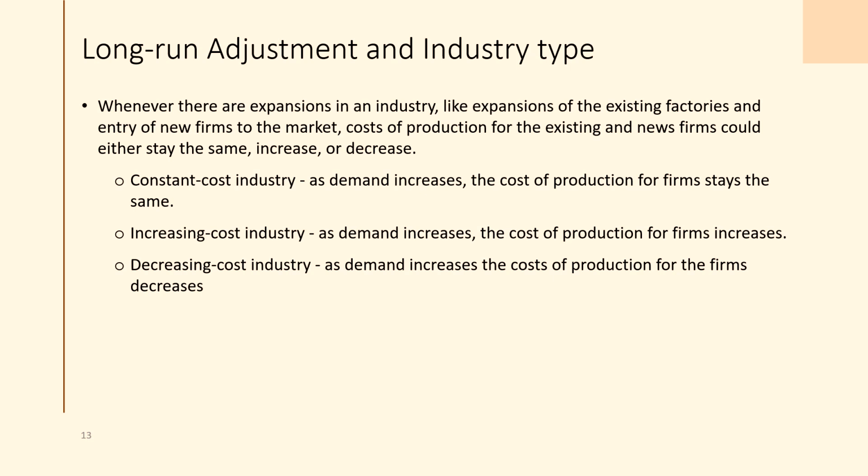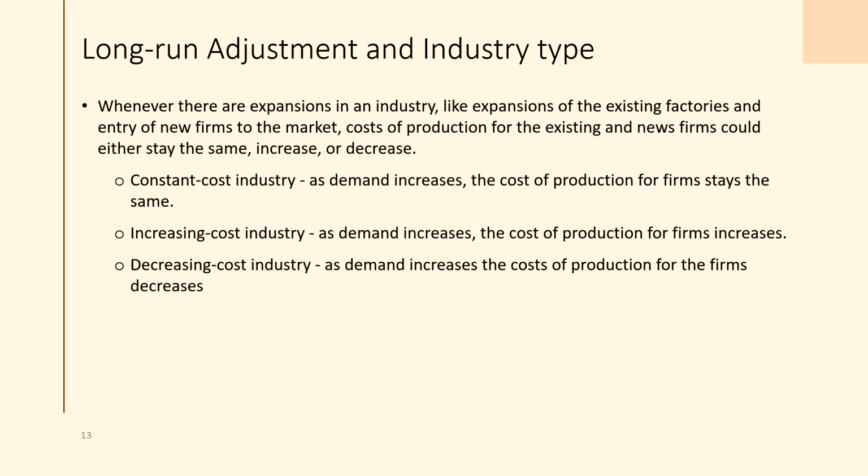As an industry grows, meaning more firms enter or existing firms expand production, the costs faced by firms can behave in different ways. In some industries, costs remain unchanged. In others, costs increase, and in some cases, costs actually decrease.